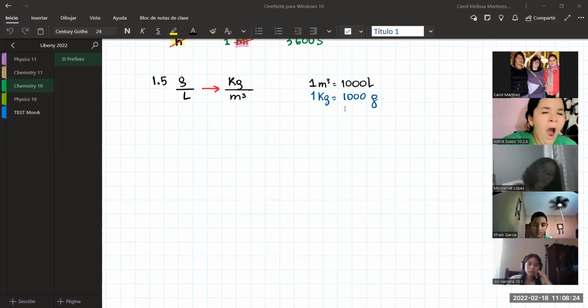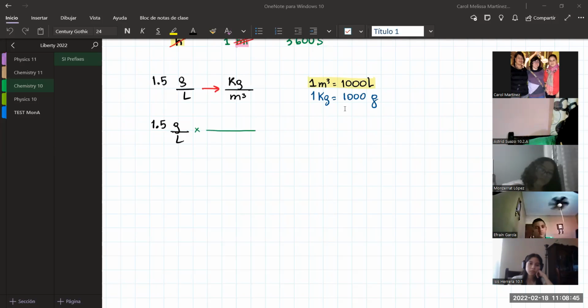But I know you don't know this conversion, okay? That in 1 cubic meter you have 1,000 liters. So the conversion for this exercise is going to be very similar. Start from grams, then to liters. Okay? So I'm going to start to convert from liters to cubic meters.